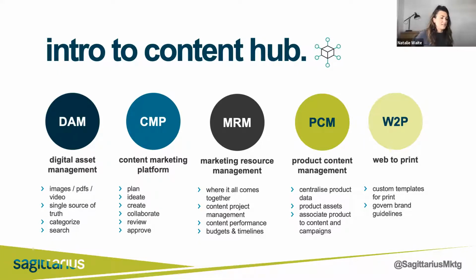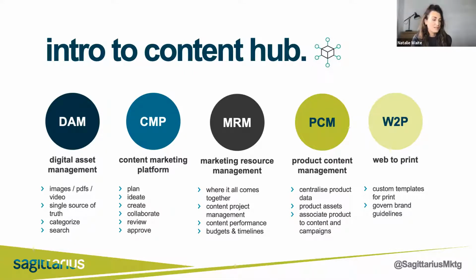They've narrowed it down into multiple acronyms just to make life more confusing. But essentially, we can start off with the DAM, Digital Asset Management, which does what it says on the tin. It's the repository for your images, PDFs, videos, all different content types. You can categorize content, search content, and so on. And I'll come on to some of that a little bit later.